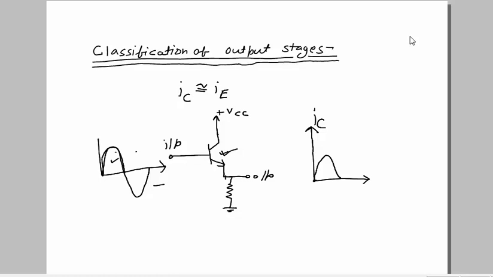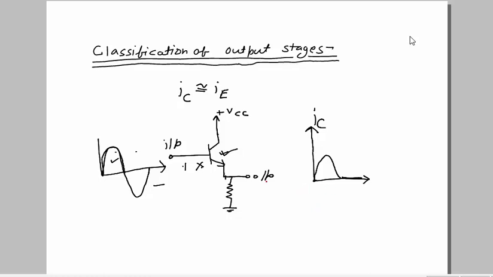During the negative half cycle this is off because a proper voltage has to be maintained here. So this is off, and that time there is no current. So this is what's happening here.